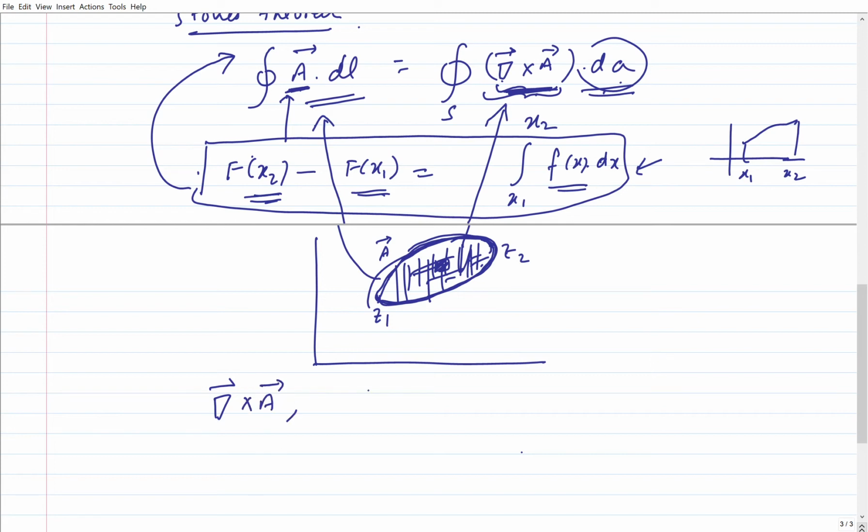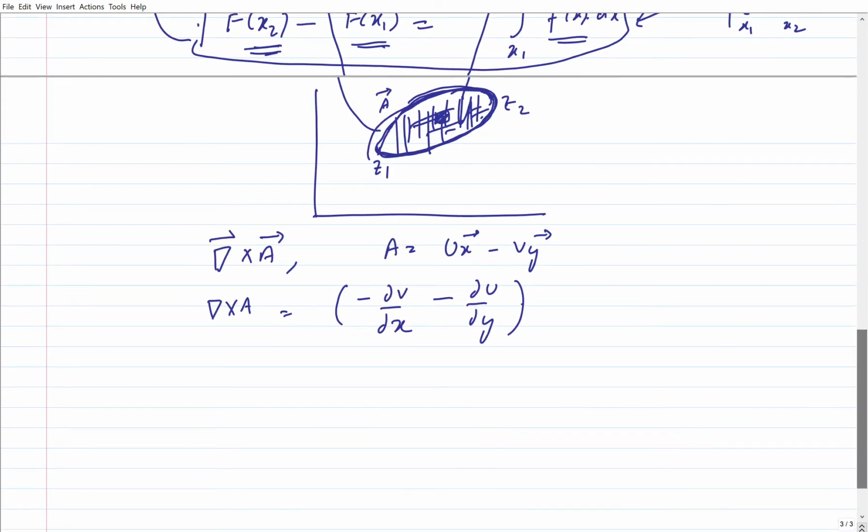I had my function a as u x minus v y, and the curl of a, if you evaluate it, comes out to be the partial derivative of v with respect to x minus the partial derivative of u with respect to y. Now if you look at it, what is this? Any clue? This is exactly the Cauchy-Riemann condition.